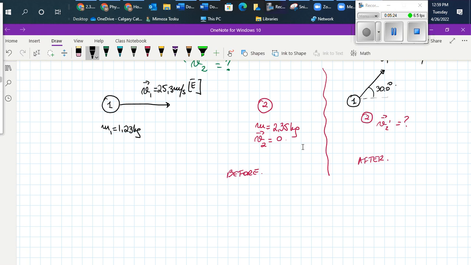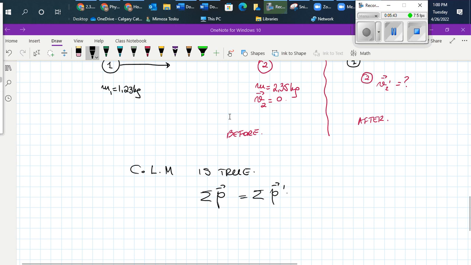Since it is an isolated system, the conservation law of momentum is true, which means that the sum of momentum before is equal to the sum of momentum after.